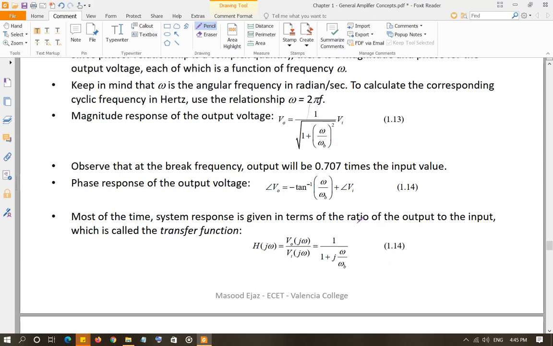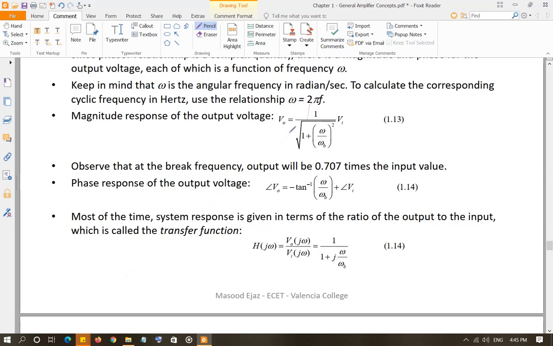And most of the time, instead of calculating the output voltage in terms of the input, we calculate the ratio, because remember, we are dealing with gains. So the ratio represents gain. Instead of calculating V out separately in terms of V input, we calculate V out over V input. And we represent that as gain, or what we call the transfer function of the circuit.